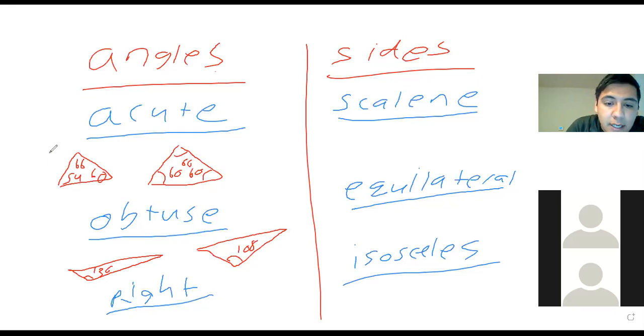And then finally, we have the ones that we usually see the most, especially when we're talking about Pythagorean theorem, right triangles. How do we know that something is a right triangle?